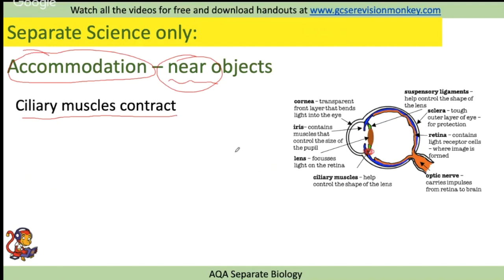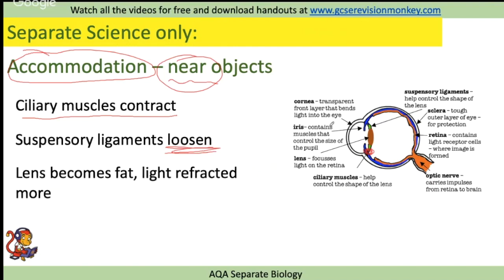They contract and your suspensory ligaments loosen or slacken, and that will cause your lens to become fat, and it will be able to refract light more. So it'll be able to bend the light and focus the image on your retina.